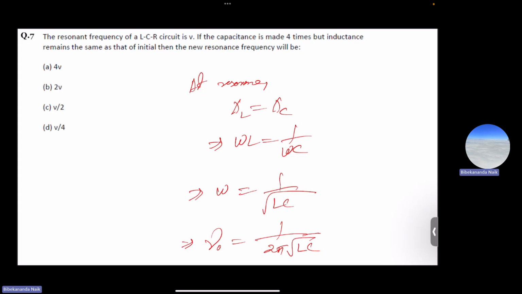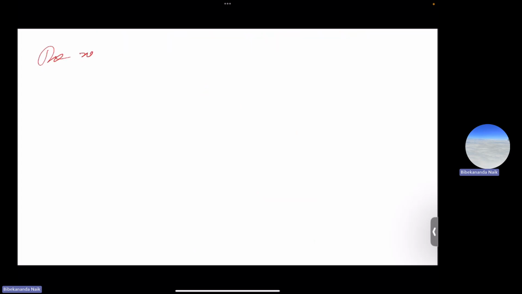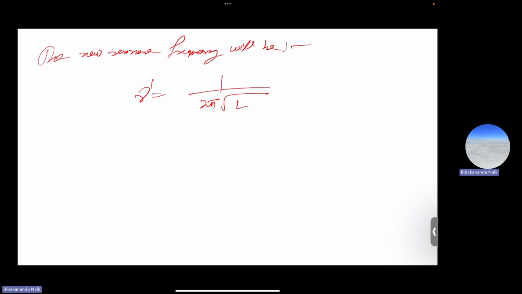So the new resonance frequency will be nu prime equals 1 by 2 pi root over of L into 4C.